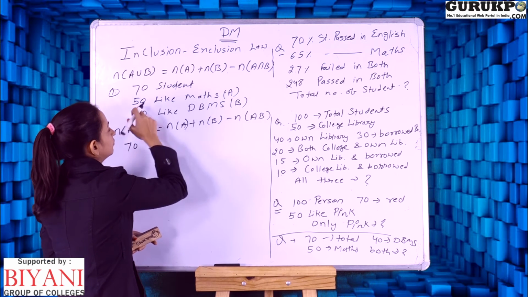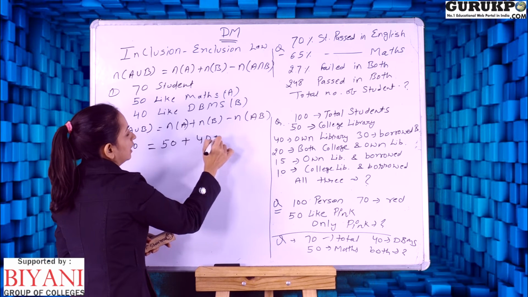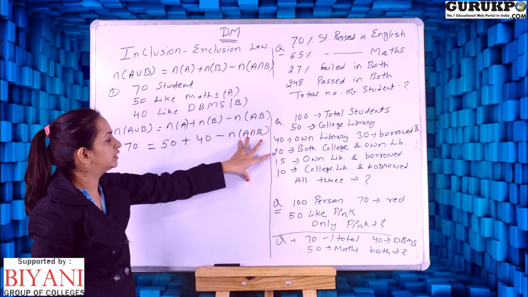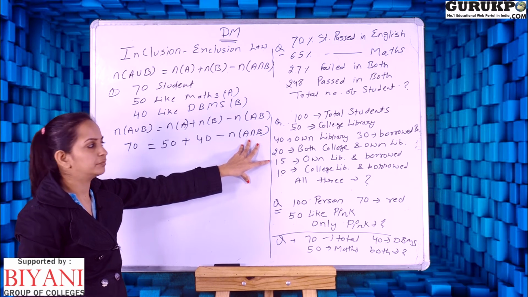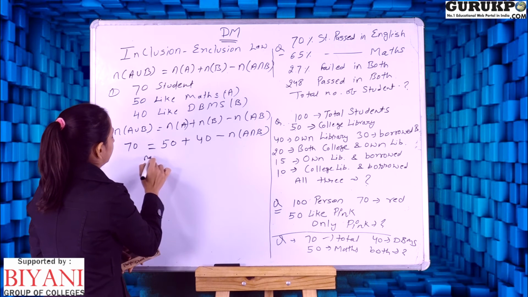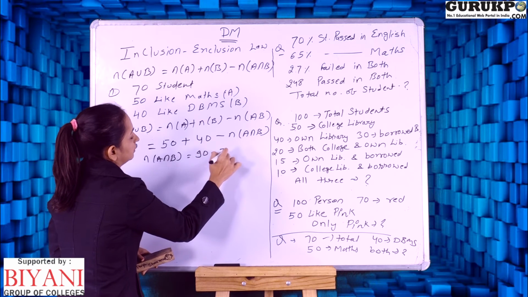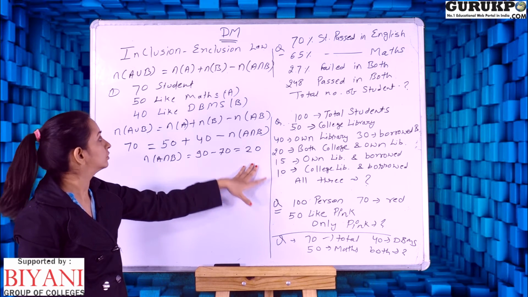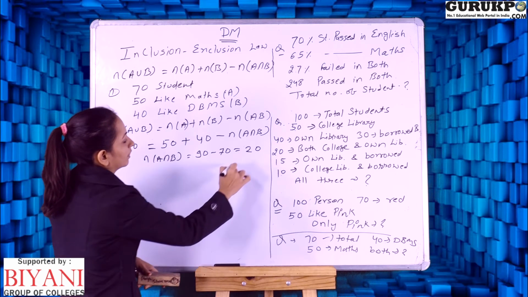So n of A means the number of students, that is 50, and n of B is 40, minus n of A intersection B. A intersection B is the common element between these two sets, that means the students who like both the subjects maths and DBMS, and we have to find this. Okay, and what I get, n of A intersection B is 90 minus 70, that will be equal to 20. So there are 20 students who like both the subjects. So this is the way to solve the question with the help of inclusion and exclusion.